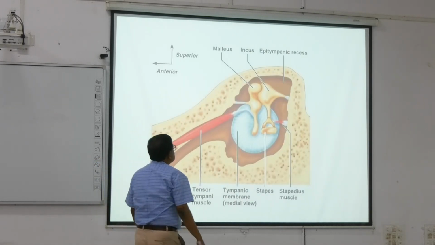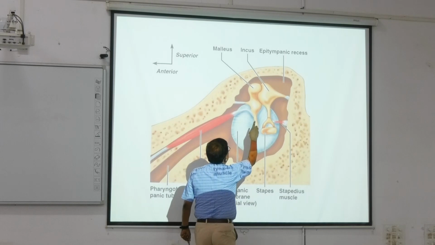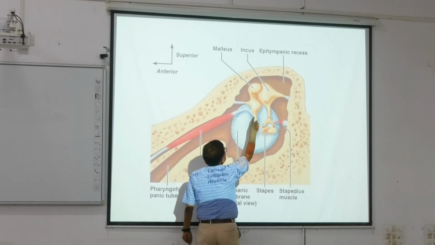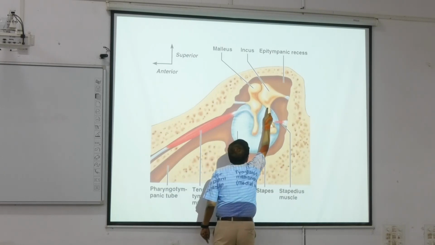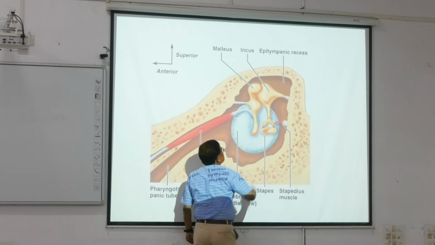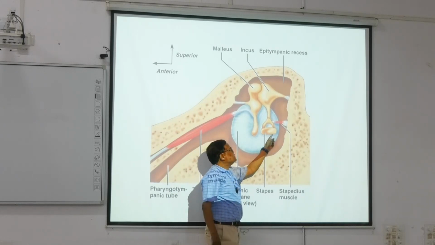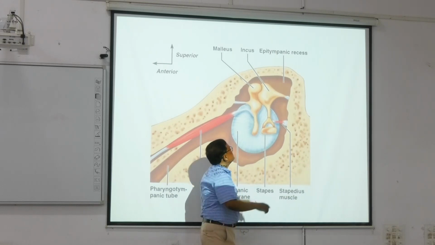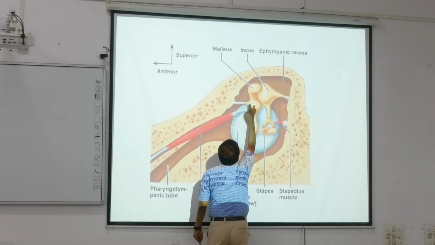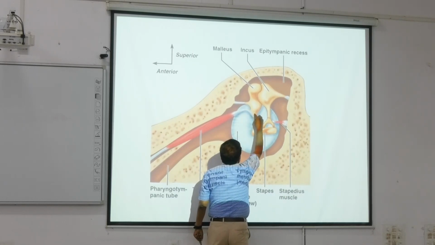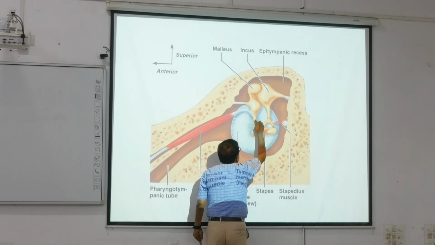Here I will mention another important point about the tympanic membrane that was not said. This is the malleus, this is the incus and this is the stapes. The footplate of the stapes is attached to the oval window. Malleus, incus, stapes. The malleus has a head, an anterior process, a lateral process and a handle.